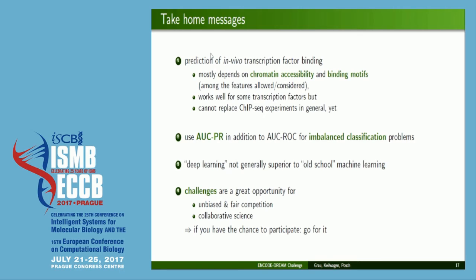And what I also found notable in the challenge was that, at least among the participants, deep learning approaches didn't outperform old school machine learning based approaches like logistic regression. So both top teams used something related to logistic regression, and there have been some deep learning approaches that didn't score too well in that case.